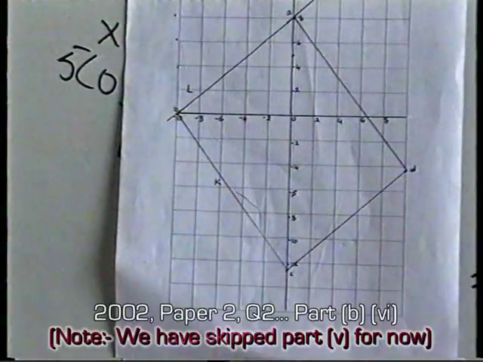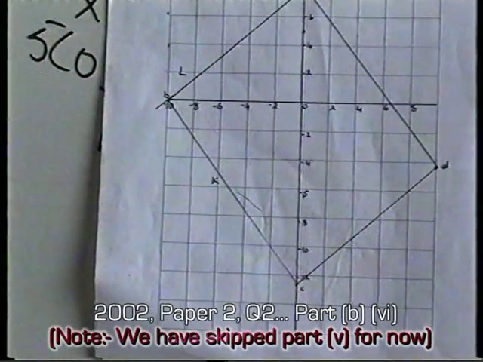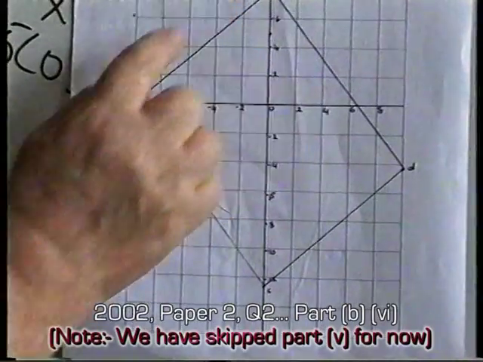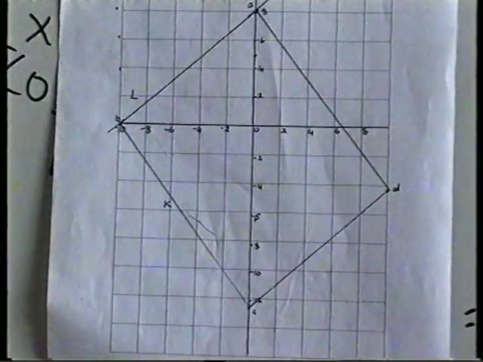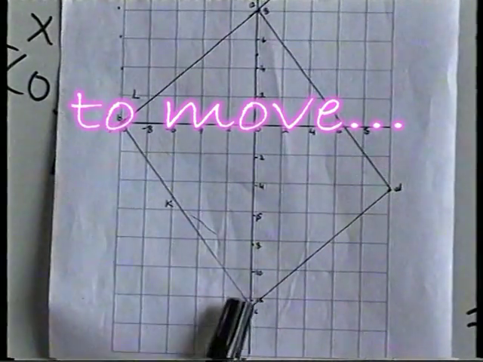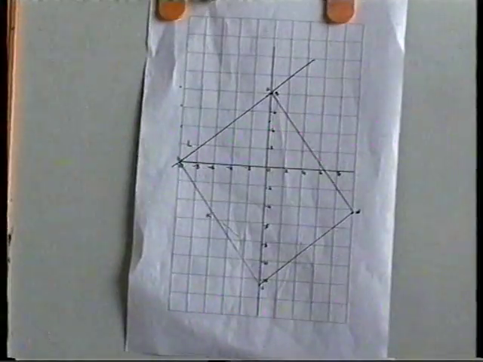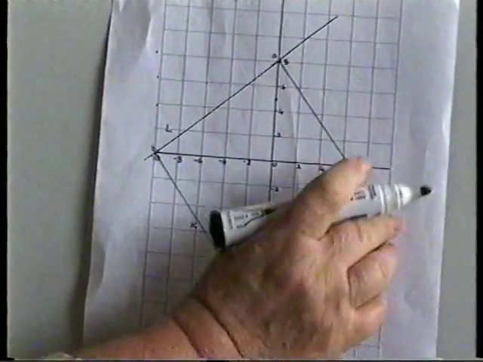Now you're also asked for D, so that A, B, C, D completes the rectangle. And the way to do that is to move C the same as D, parallel and equal.